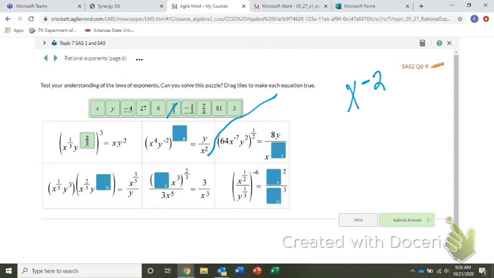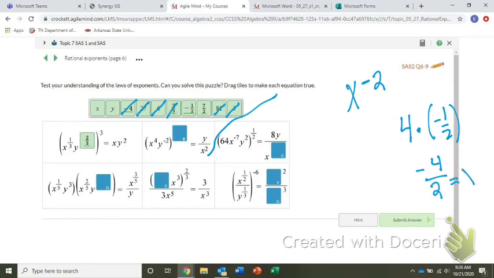Let's see. So it's not negative 4. We know it's not 27. We know it's not 6. We can eliminate all of our big numbers, basically. So we're left with these two, negative 1/2 and 7 over 2. All right. So if we said 4 times negative 1/2, we would get negative 4 over 2.